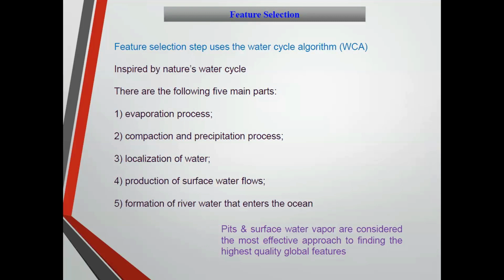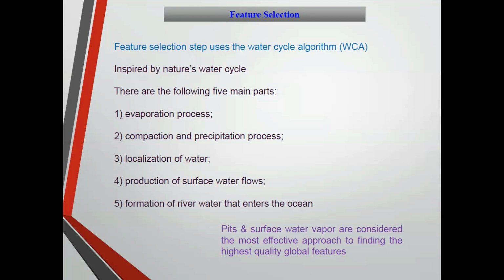In that case, you can use the kernel density plot, and you will consider only the less overlap features. Less overlap features are highly recommended rather than fully overlapping features. So that is how to preserve the highest quality global features.